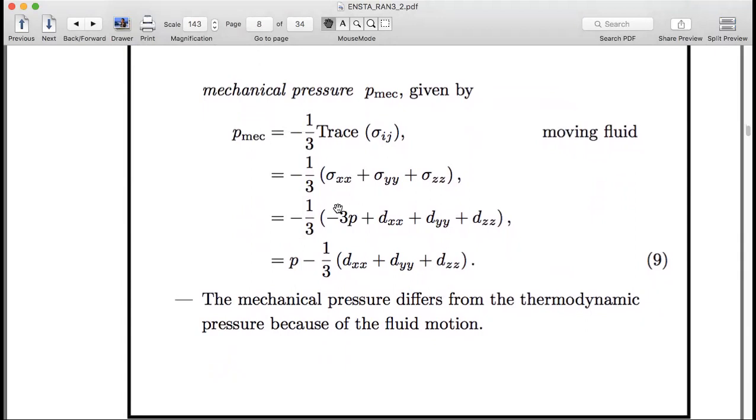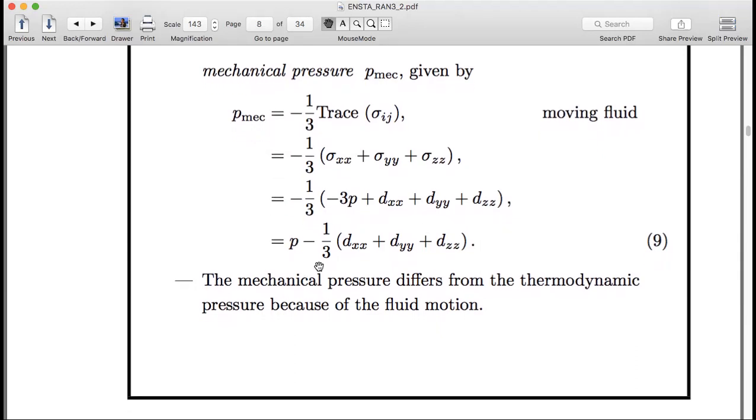And so that's the thermodynamic pressure plus the diagonal part of the deviatoric stress tensor. So the mechanical pressure equals the thermodynamic pressure minus 1/3 the trace of the deviatoric stress tensor.